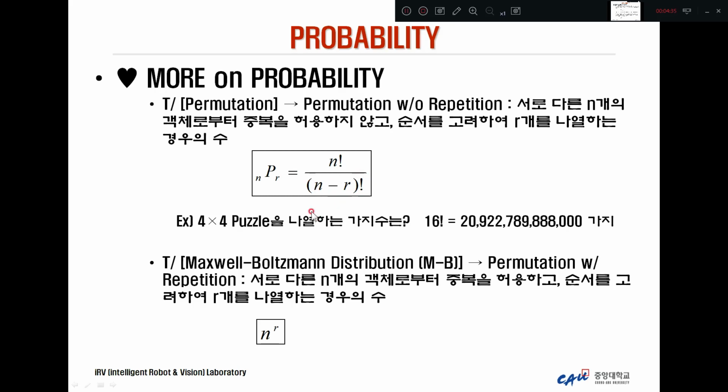This is the concept of permutation. For example, if we have a 4 by 4 puzzle, I think you remember this puzzle in your computer, or we have some toy of this 4 by 4 puzzle. Here we have 16 tiles, but one of the tiles is missing, is blank.